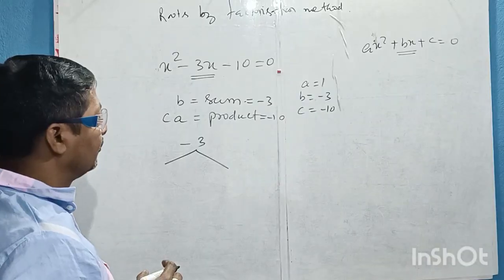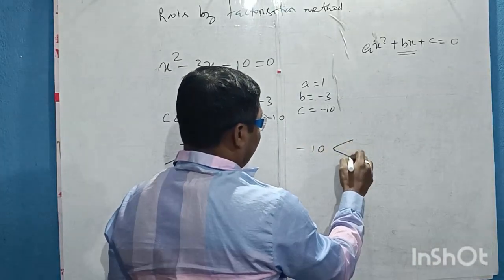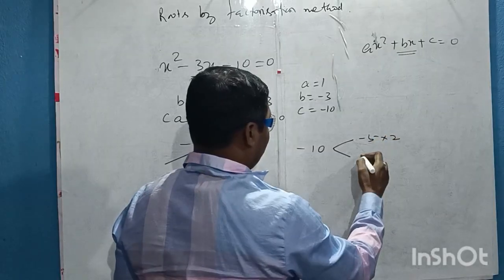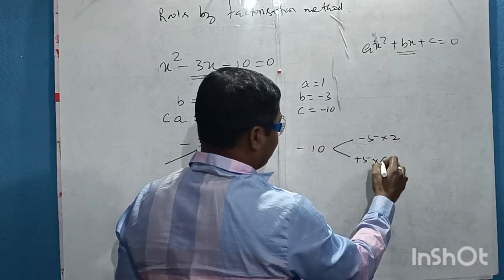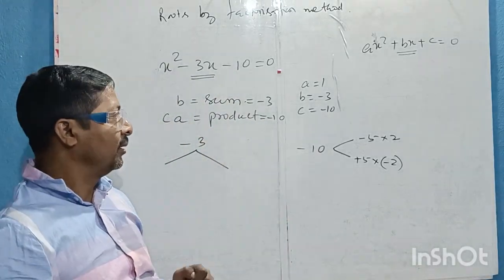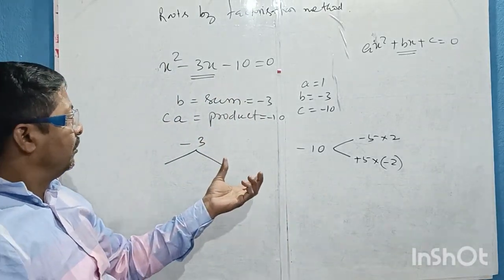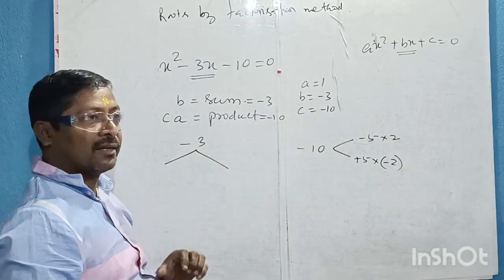Think, in what way? Minus 10 can be obtained as minus 5 into 2, or plus 5 into minus 2. Okay, the product will be like this, and you have to make the sum as minus 3.